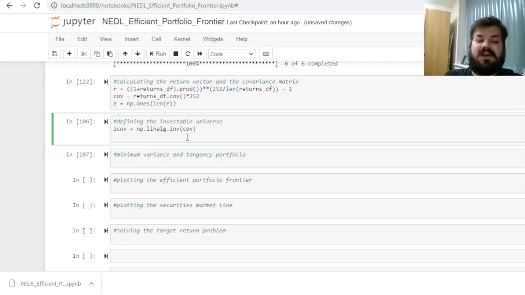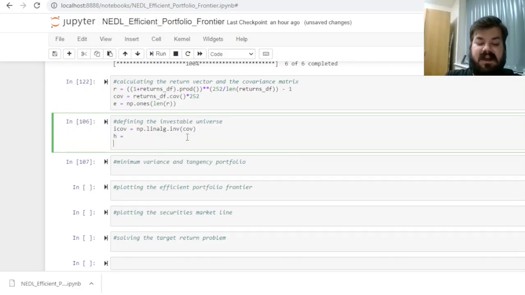And then we just have to calculate the H vector and the G vector that correspond to the risk and return optimization facets of the efficient portfolio frontier and modern portfolio theory. The H vector is the matrix multiplication result, np.matmul, of E, the vector of ones, and the inverse covariance. We can see that here we do not input any return-related data, just ones and risk-related data.